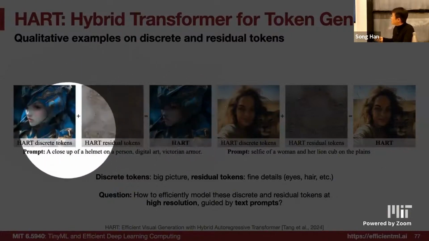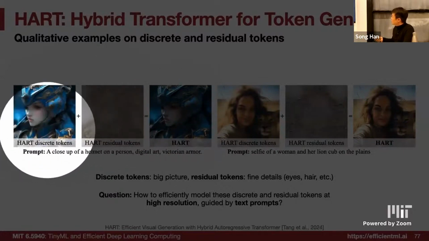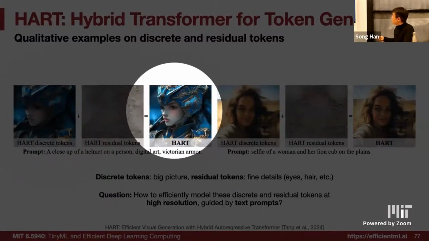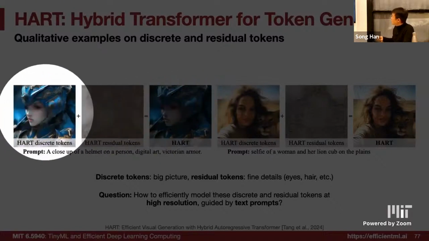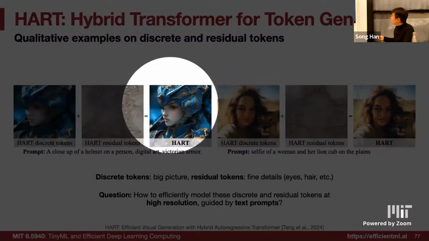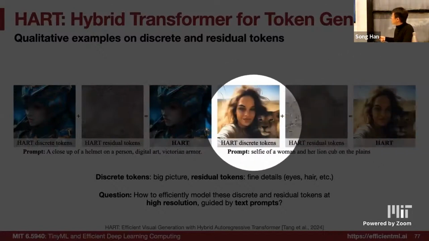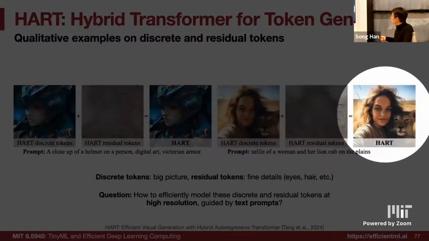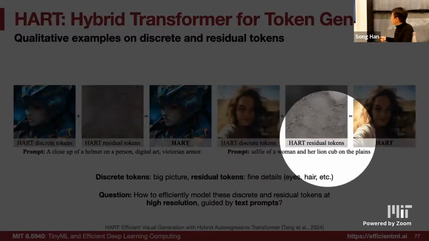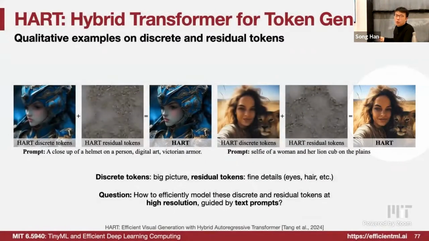If we combine the discrete token and the residual token together, it can give you very fine-grained detail. Like previously, you can see the eyes right here compared with HART. This is the discrete only. This is the discrete plus the residual, which added a lot more fine-grained detail.